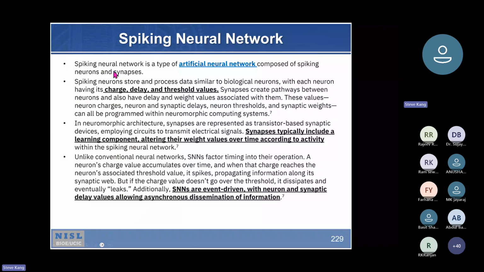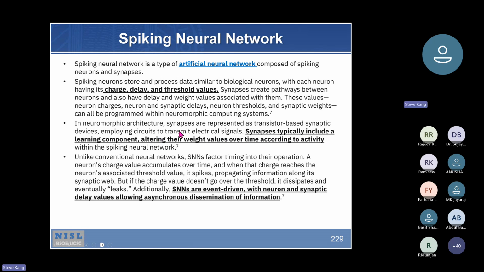A spiking neural network is a type of artificial neural network composed of spiking neurons and synapses. Spiking neurons store and process data similar to biological neurons, with each neuron having its charge, delay, and threshold values. And then in neuromorphic architecture, synapses typically include a learning component, altering their weight values over time according to activity, right?